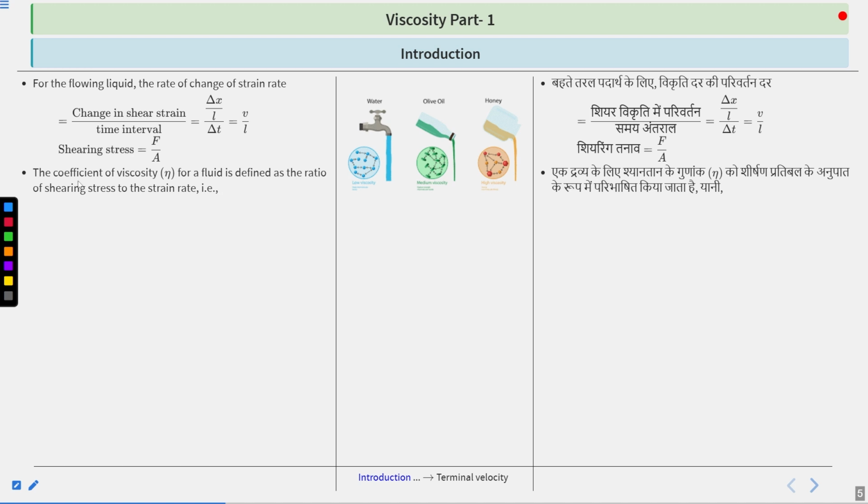Remember this, this is important. Therefore, eta equals shearing stress by strain rate equals F by A by V by L equals F into L by V into A. Got it? This is the coefficient of viscosity.